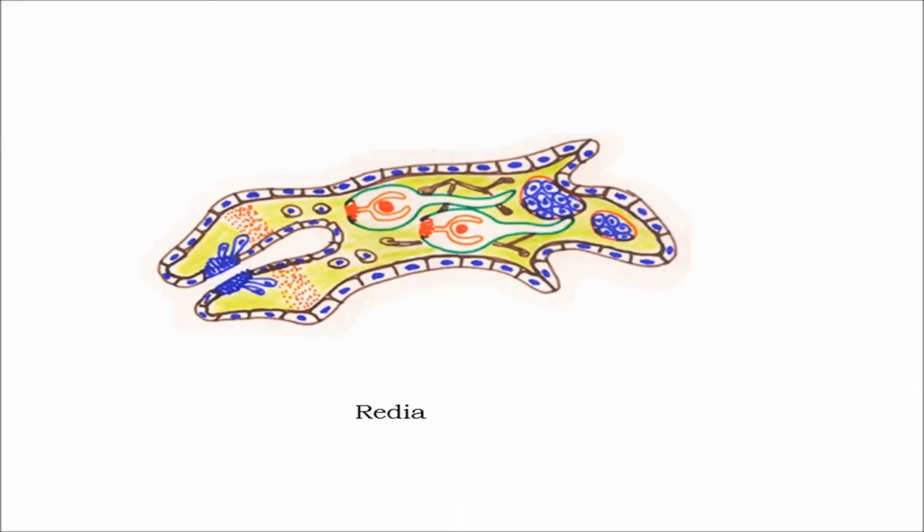As could be seen, Redia already contains developing larvae, and these larvae are nothing but stages called Cercaria. Up to here, the development takes place inside the snail, and it takes around a few weeks to a few months for this development to complete inside the snail. And the period would depend mainly upon the temperature and humidity.